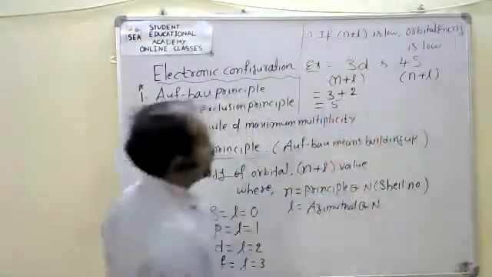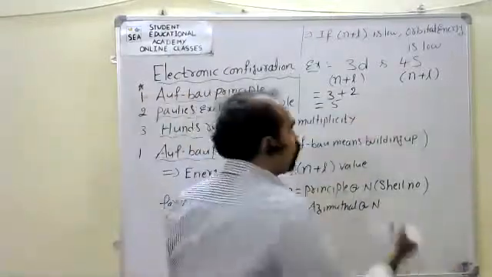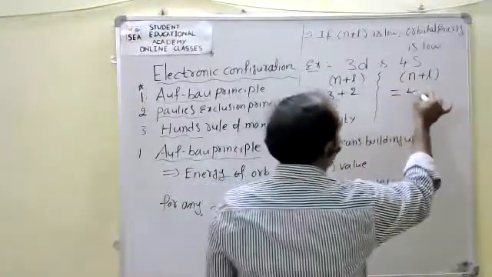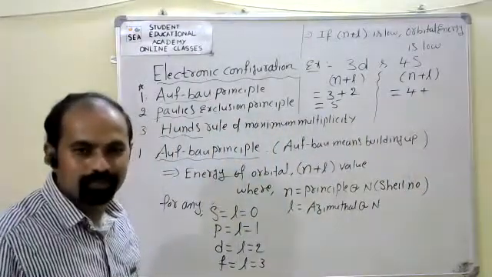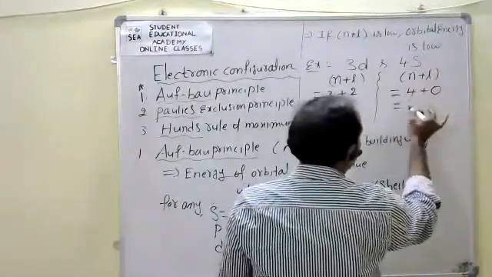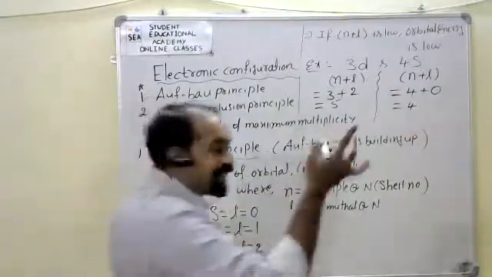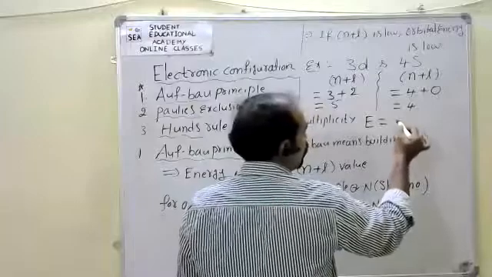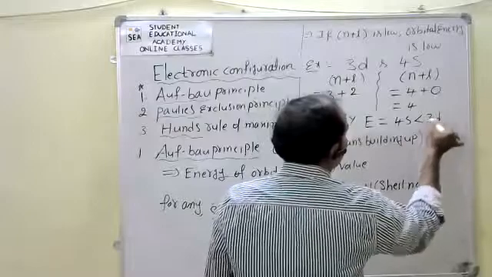5. Okay, now the 4s orbital. What is the n value here? 4. What is the L value? For s orbital, L is 0. So the total is 4. Out of the two orbitals, what is the energy order? 4s is less than 3d.